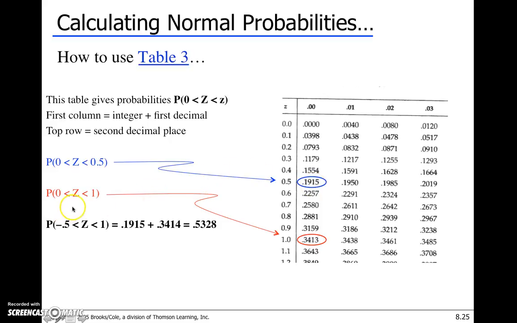The probability z lies between 0 and 1 is 0.3413. So the probability z is between minus 0.5 and 1 is obtained, as we said before, by adding these two probabilities. 0.1915 plus 0.3413 gives 0.5328, and the result is obtained.